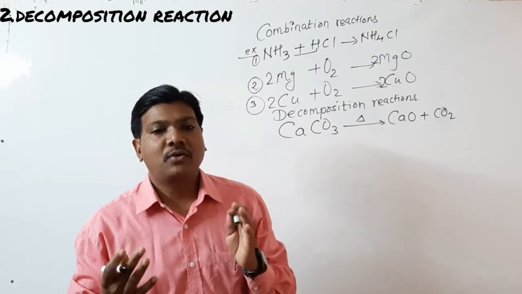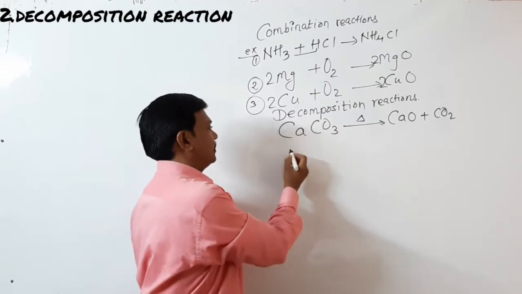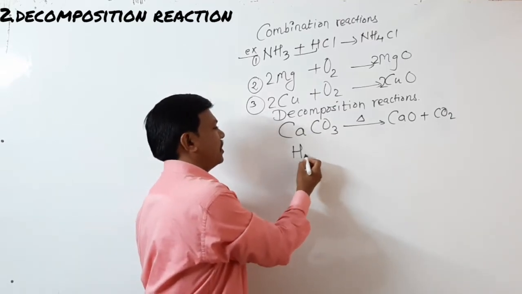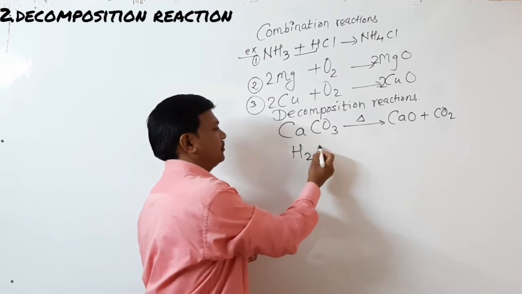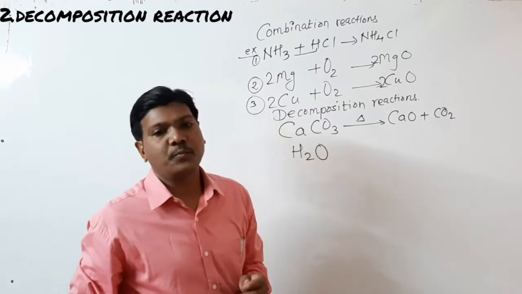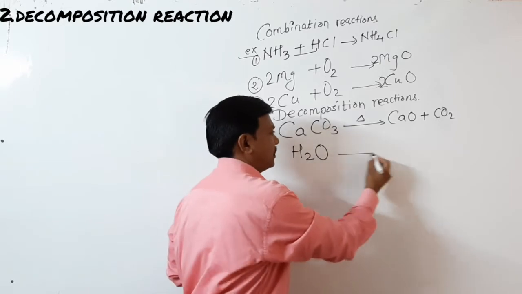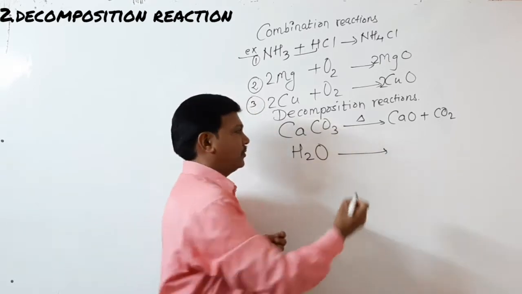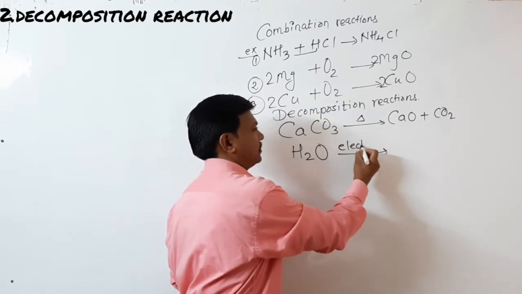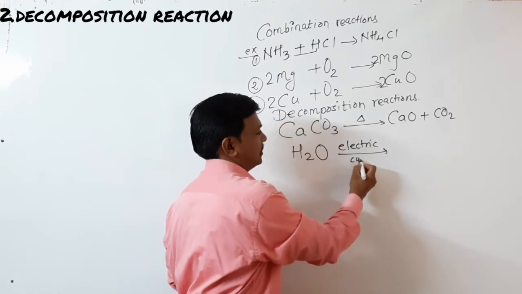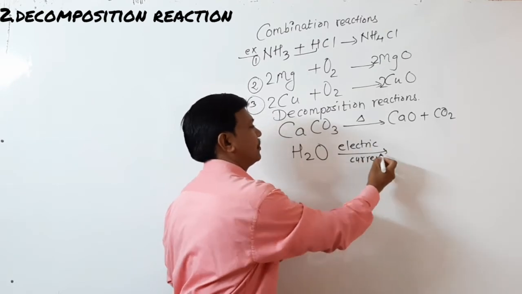Second example: when an electric current is passed through water, H2O, it is electrolyzed, giving hydrogen and oxygen. See example, water means H2O. When we give electric current, we write here electric current.